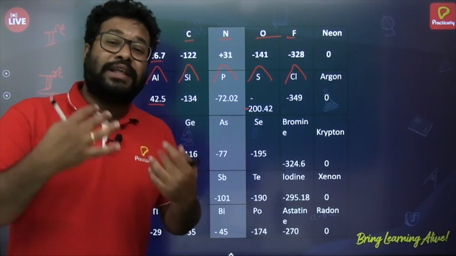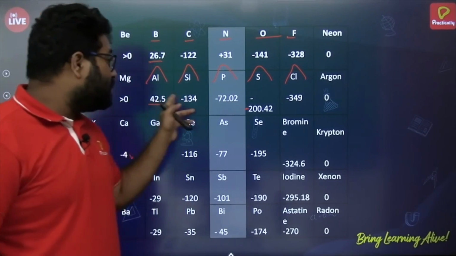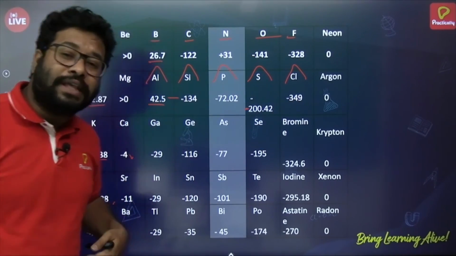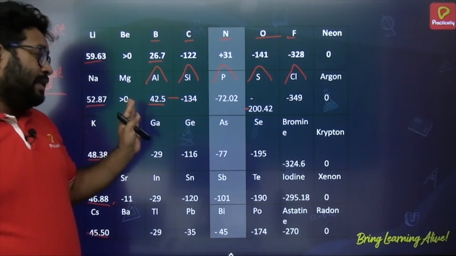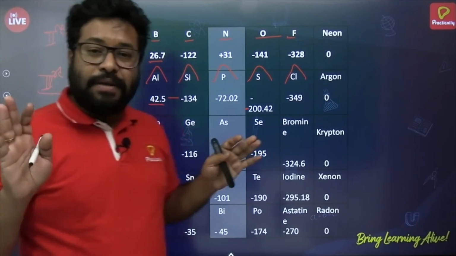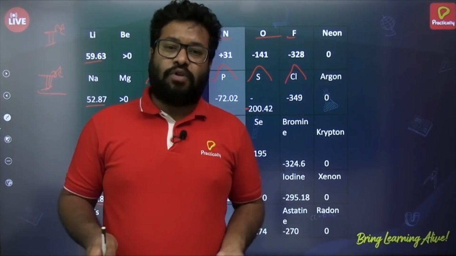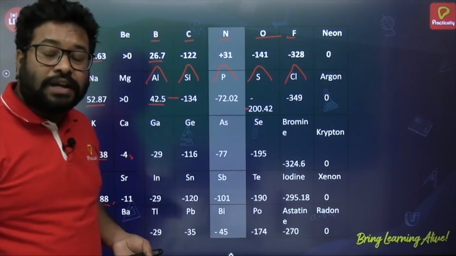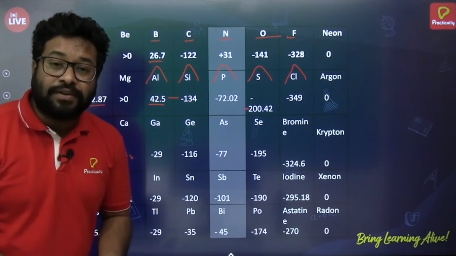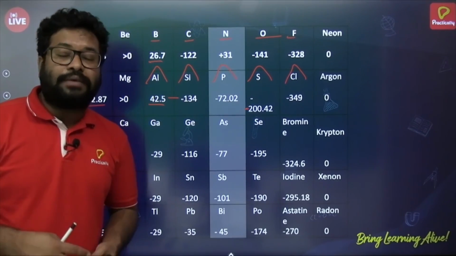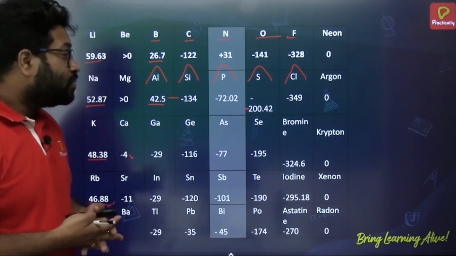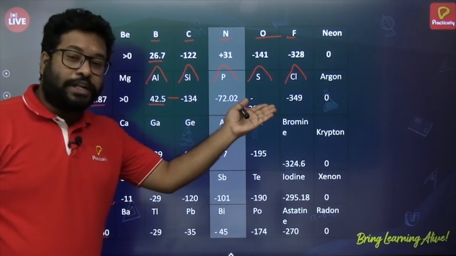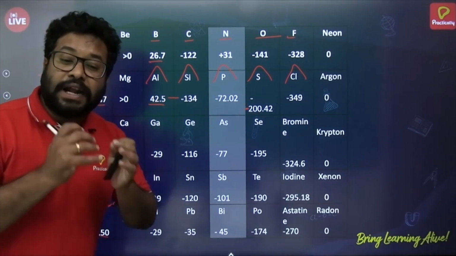But now the question comes, then why do these elements have a higher value than them? The reason is, we are right now in the p block, right? So p block elements are non-metals, that means they are electronegative. So since they are electronegative, the electronegativity factor is here also, and it is being played in the third period also.